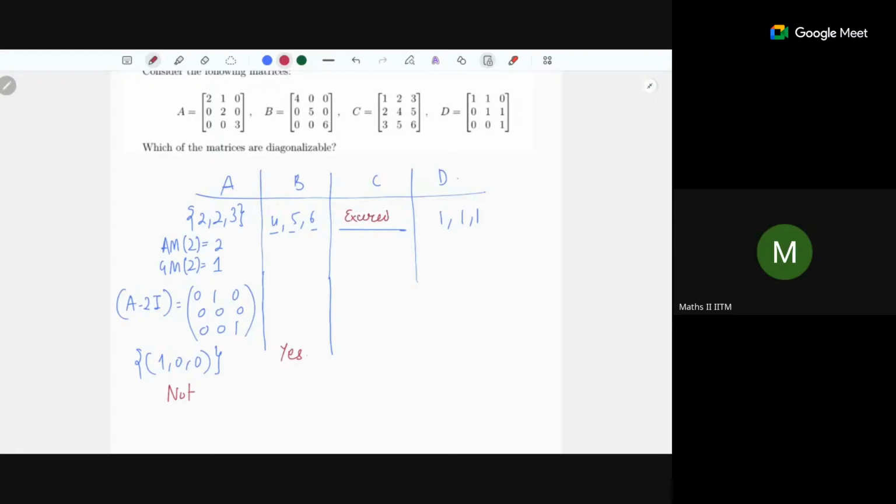You can think about it. And what about matrix D? Is it diagonalizable or not diagonalizable? The algebraic multiplicity of 1 is 3. But what about the geometric multiplicity?